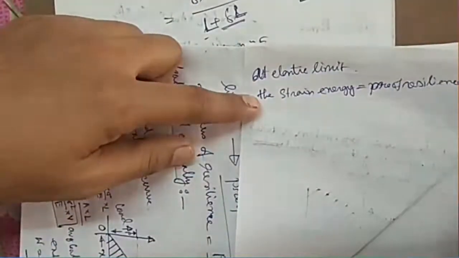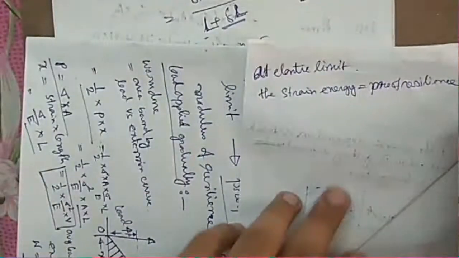So the proof resilience value will be half into sigma star square by E into V, where sigma star means stress at elastic limit. Now then modulus of resilience.